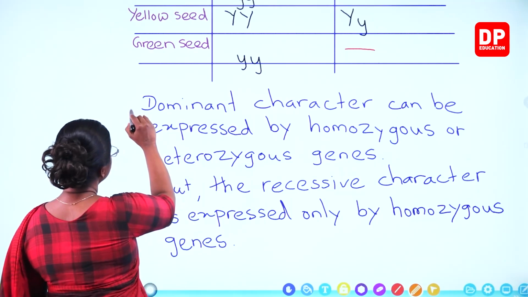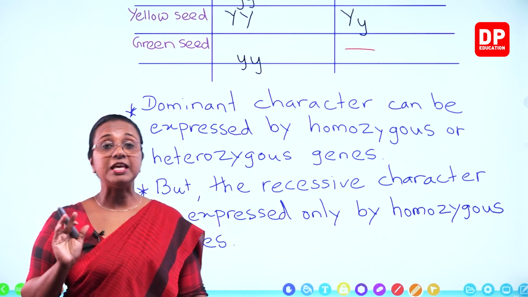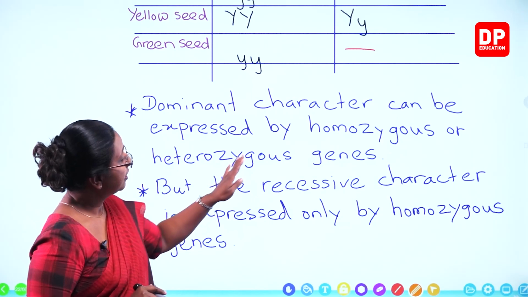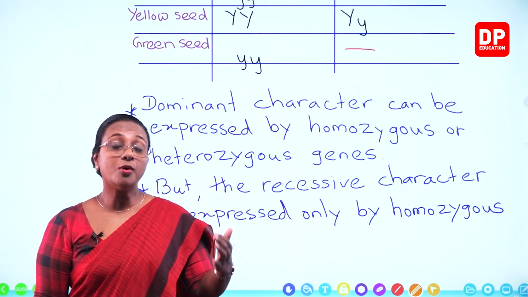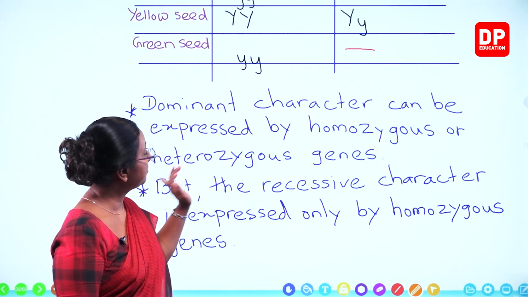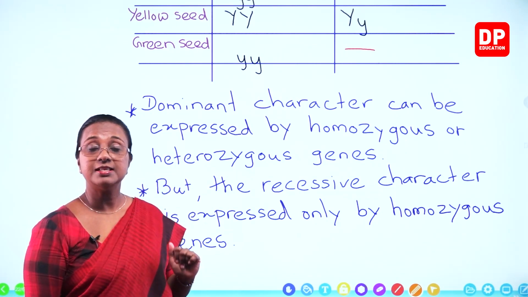So these are things you will have to take into consideration, students. Something you need to understand and you have to remember. Always, because the dominant character is what dominates over the recessive character. So because of that, it can be either the homozygous condition or the heterozygous condition.